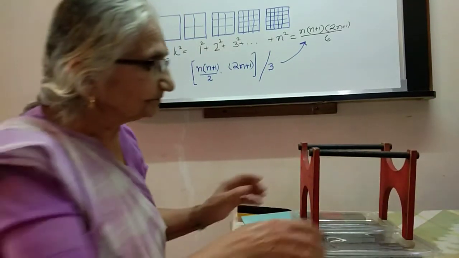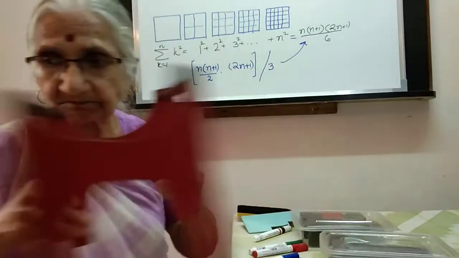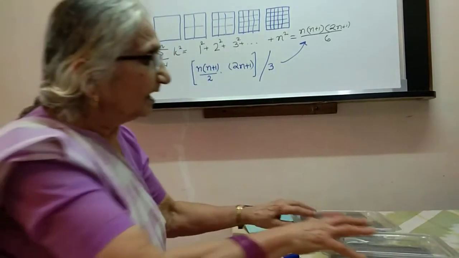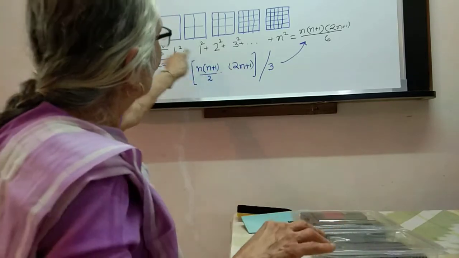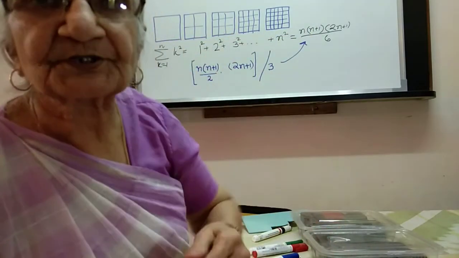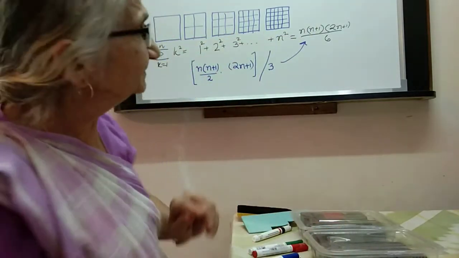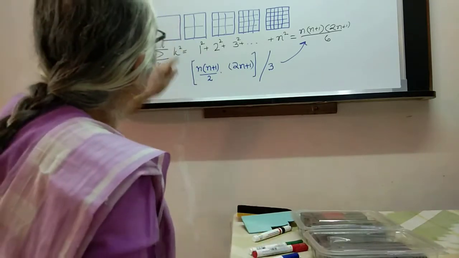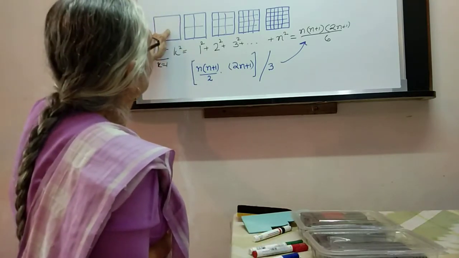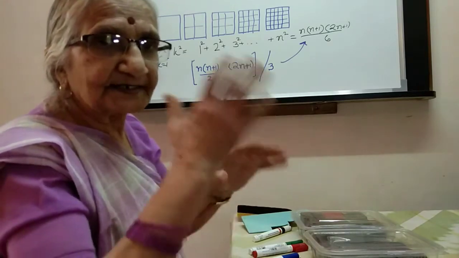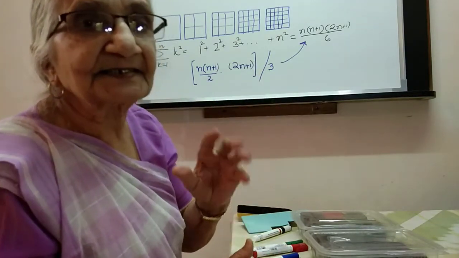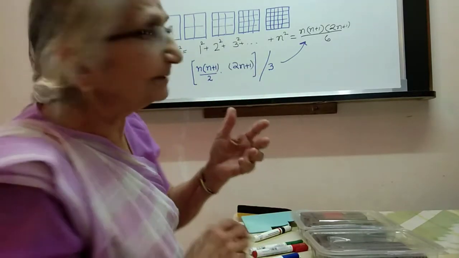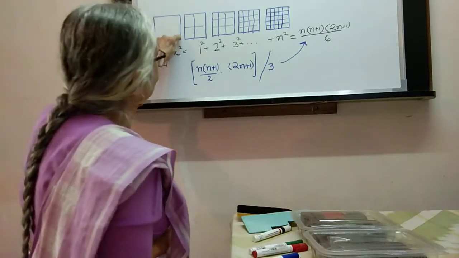And now, a little puzzle that is associated with this model, or with this formula rather. You take a square. We are taking squares and going to divide and subdivide and see how many squares we have every time. Here we can see it's 1.